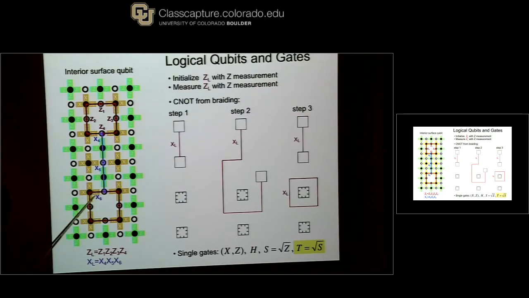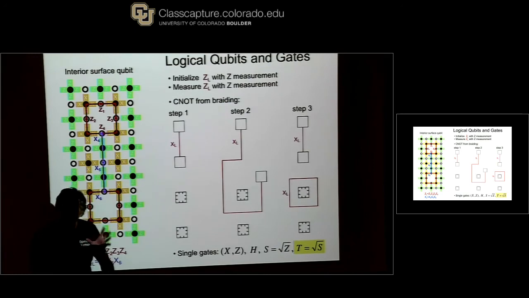Let's say 2 holes. And then your logical Z's go around this hole, and your logical X's go around this hole. So you make a big array, you put holes in it, each pair of holes gives you a logical qubit. And then, this is the miracle of the surface code.